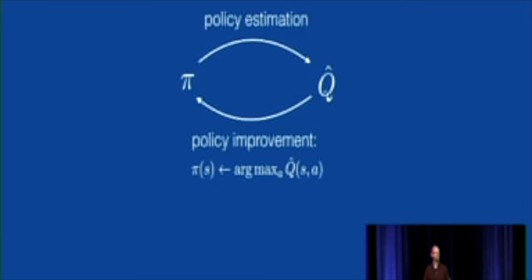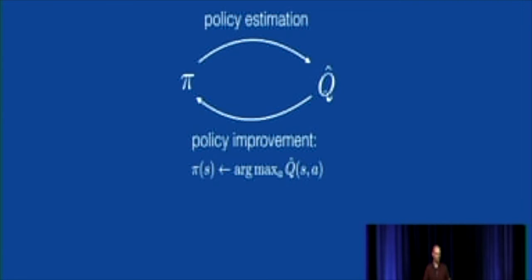And this is guaranteed to give you a better policy than the one you had. So now you have a new policy pi, and you can again do policy estimation for that, determine the Q values, and again perform a policy improvement step. And by iterating between these two, you're going to converge to an optimal policy. So this is one way to obtain that.